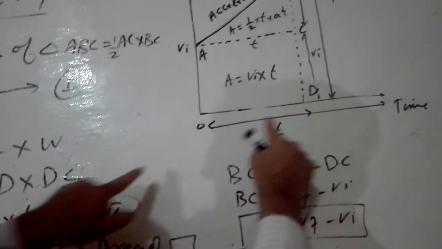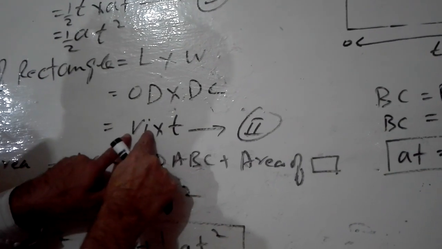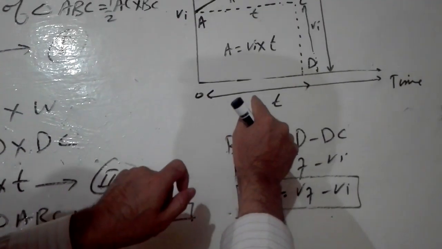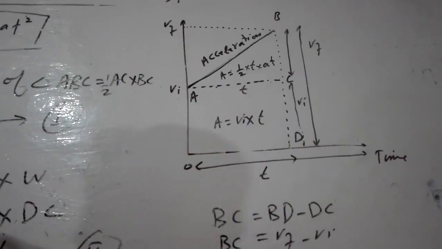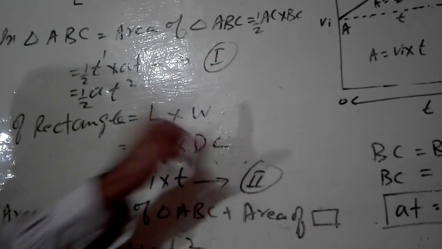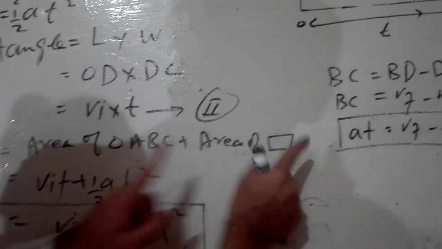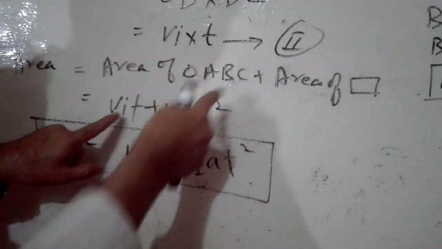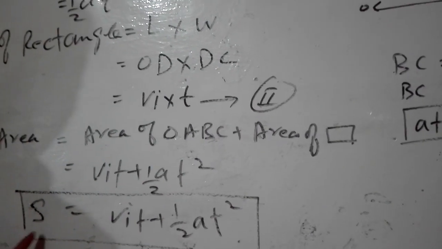Length is OD, and width is DC. Actually DC is VI, I have written it first, and OD is equal to T. It doesn't matter which side you write it. Then for the total area, you have to add these two values: area of triangle plus area of rectangle. I have written the area of rectangle first and the area of triangle after that. Then we have proved this equation, S equals VIT plus half AT square. So this is the second equation of motion. That's all.